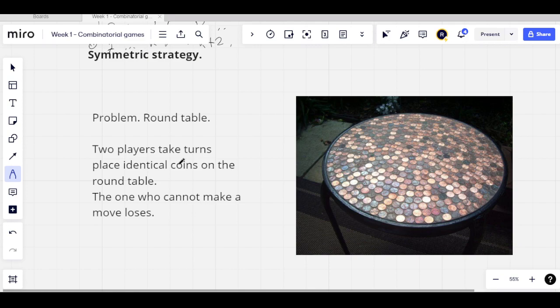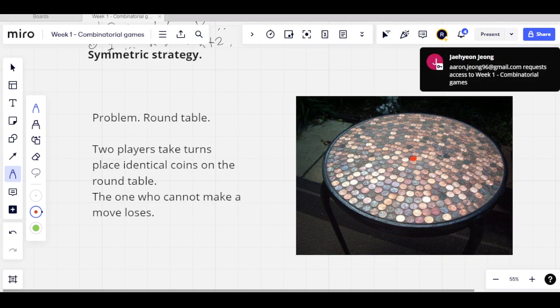The first player puts the first coin in the center of the round table. And what happens next? We apply the symmetric strategy.